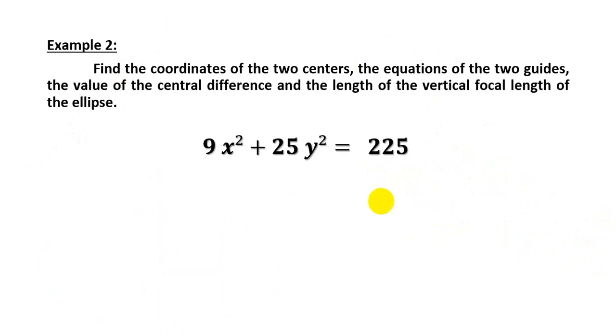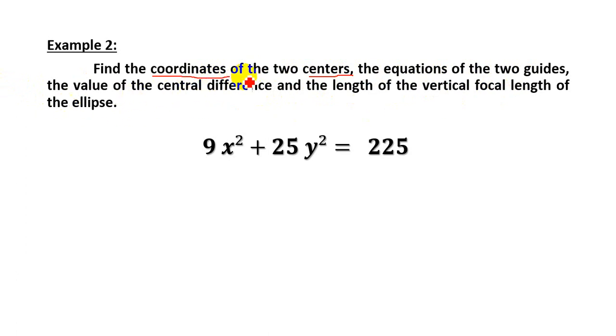Okay, let's take an example for that. Find the coordinates of the two foci, the equations of the two directrices, the value of the eccentricity, and the length of the vertical focal chord of the ellipse.